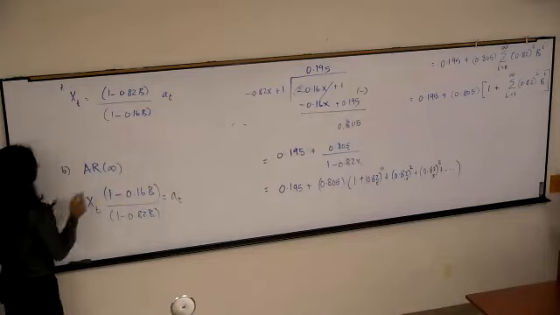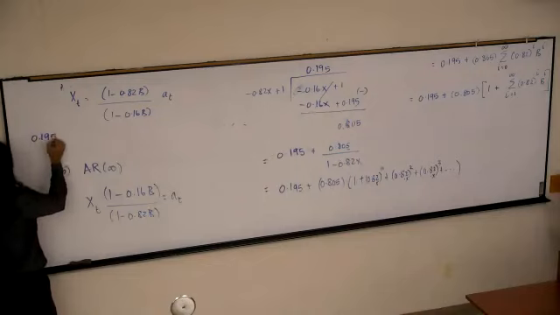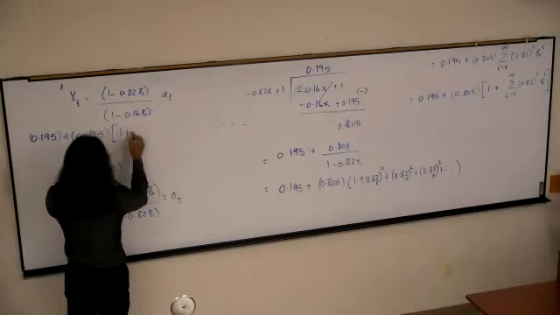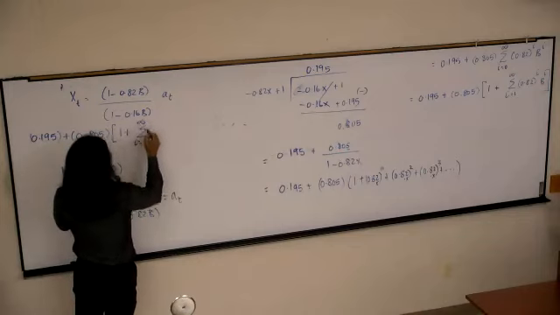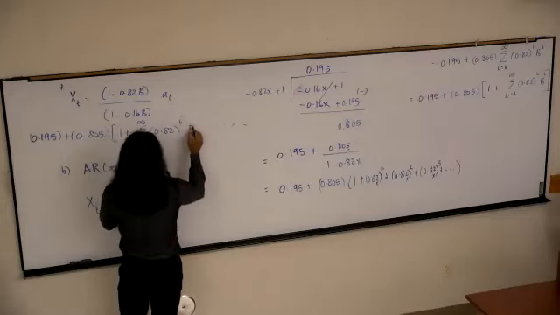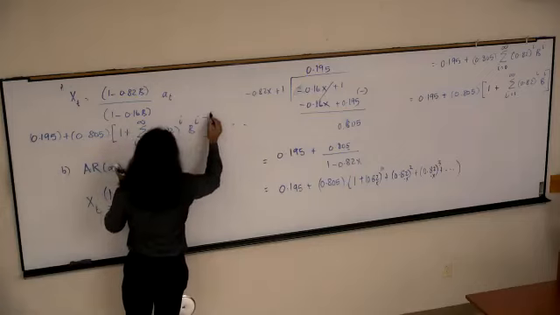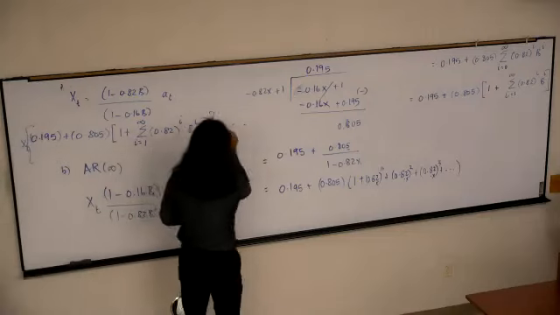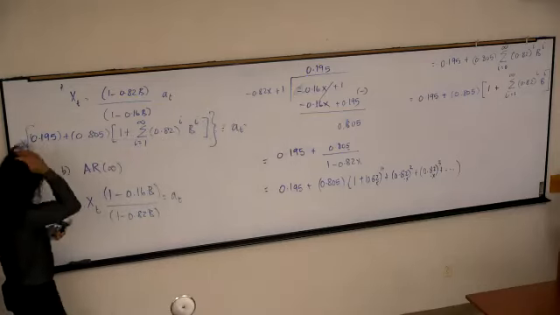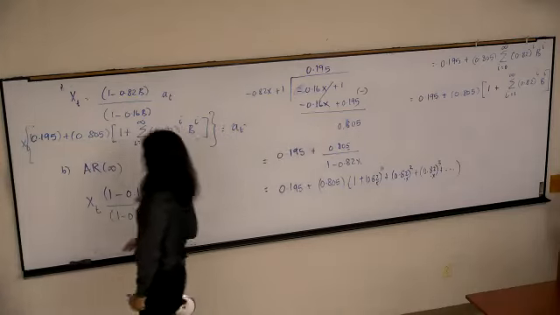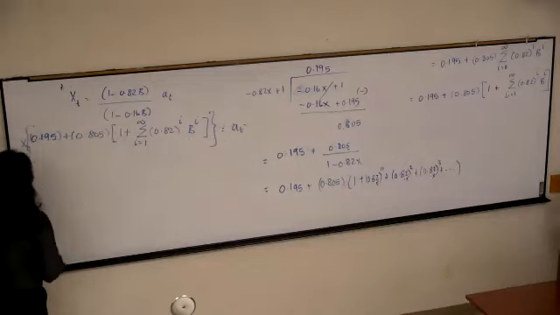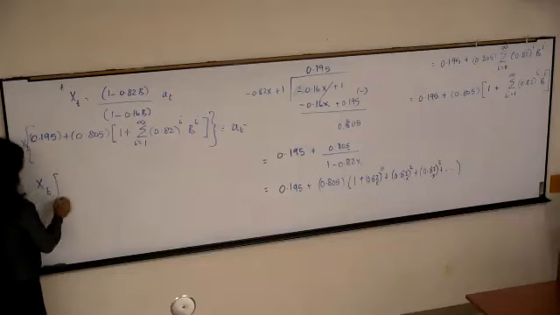This is the part we solved: 0.195 plus 0.805 times (1 plus the sum from i equals 1 to infinity of 0.82 to the i, b to the i), the entire thing multiplied by xt, and that would equal a_t. Good. Well, xt still remains outside.